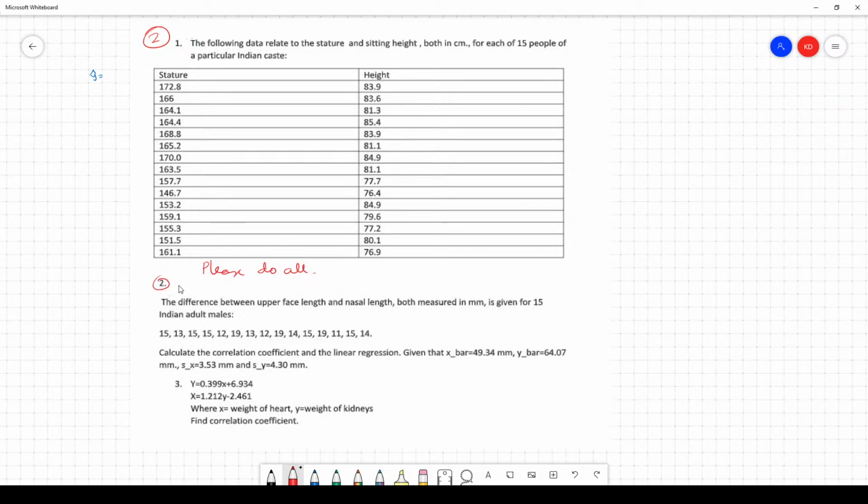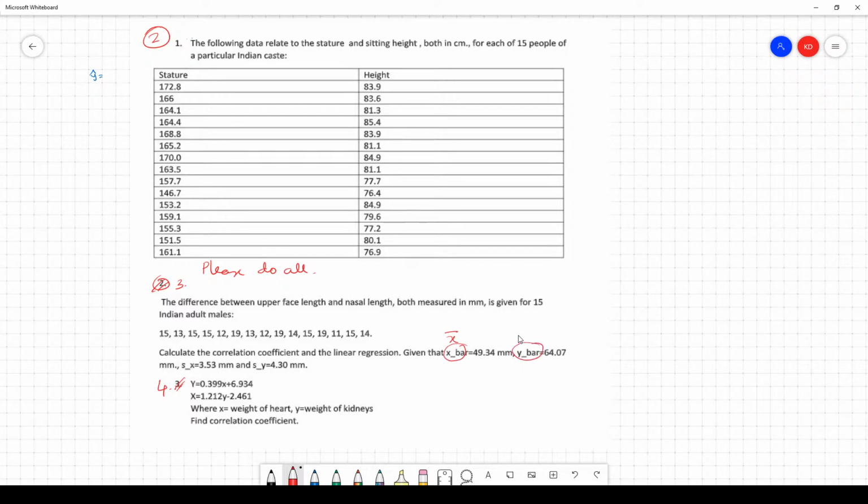And this is your third homework. Okay, so please submit these homework. So this is third and another homework, that is 4. According to the third homework, please calculate the correlation coefficient and linear regression. X bar means the mean of x.